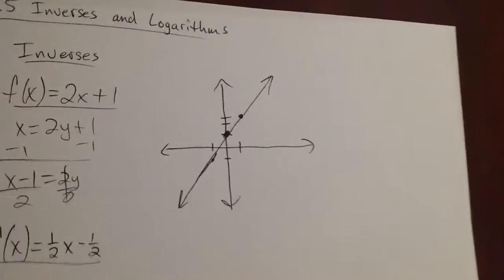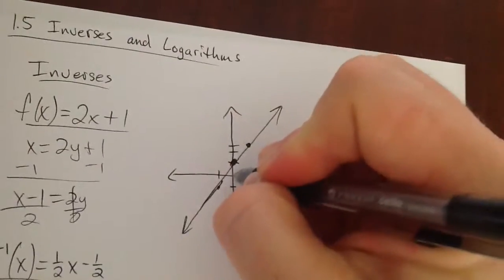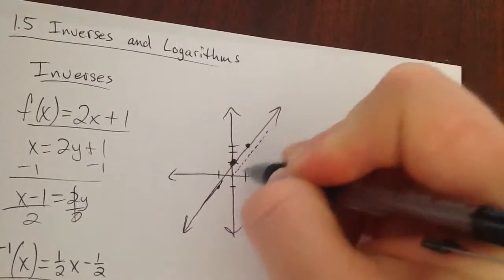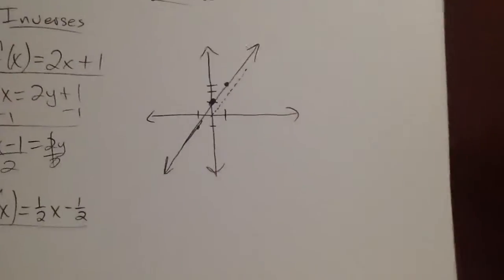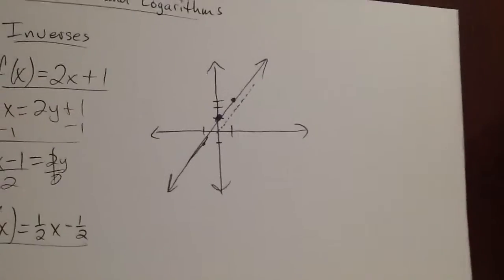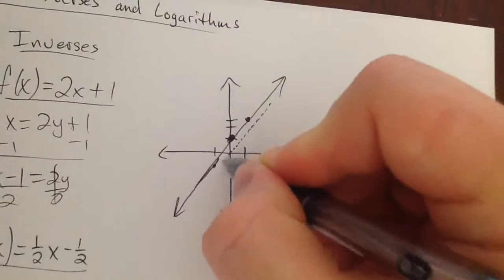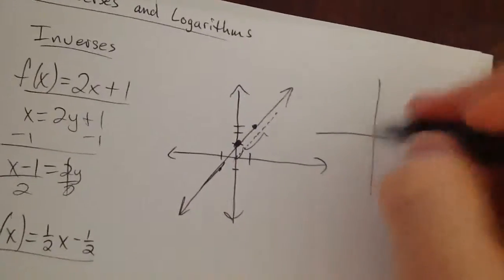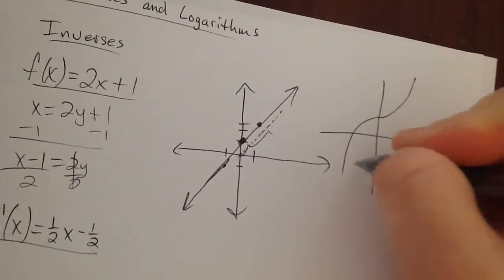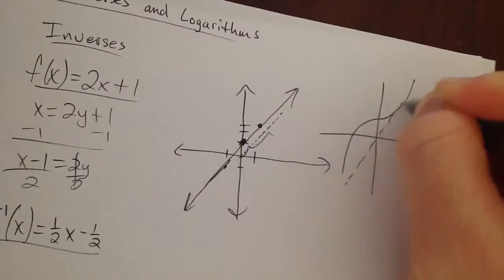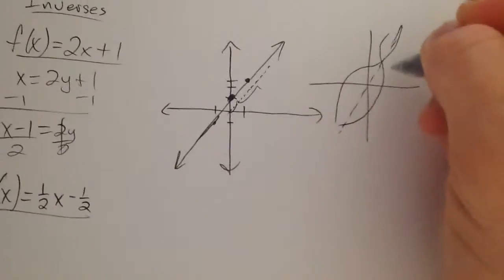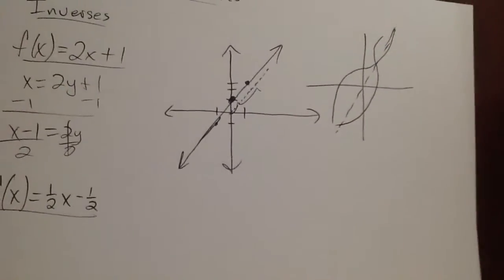Graphically, inverses are all just reflected over the line y equals x, which on my crappy paper graph without graph paper I can't really draw. If I had a crazy one like that, it always reflects over the line y equals x, so it should be a reflection.